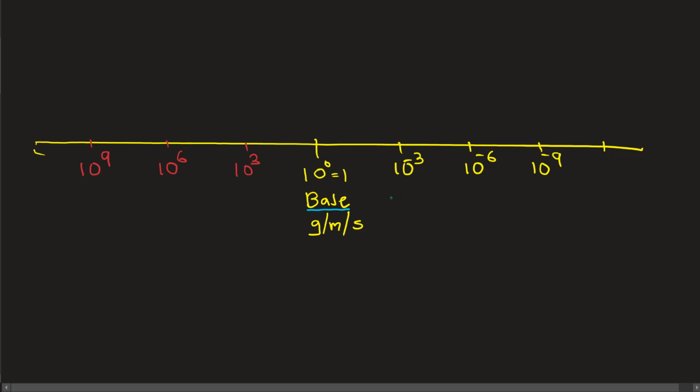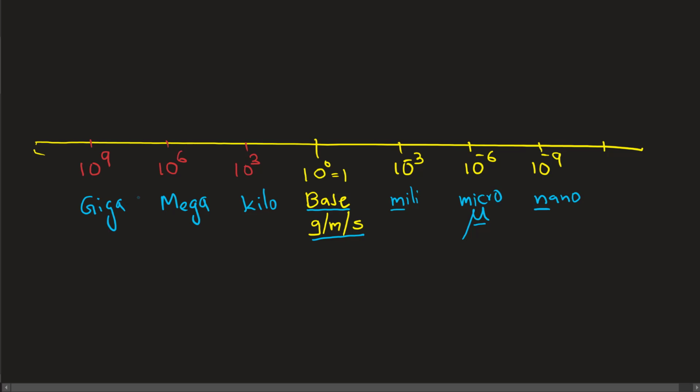Now minus 3 is milli, minus 6 is micro, and minus 9 is nano. These are the symbols for them, attached to whatever the base unit is. The larger ones are kilo, mega, and giga.